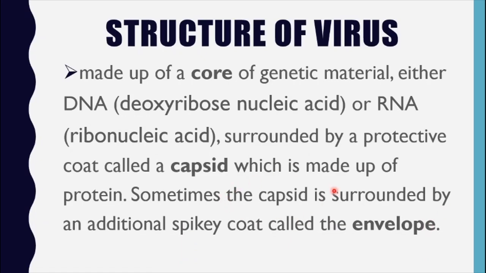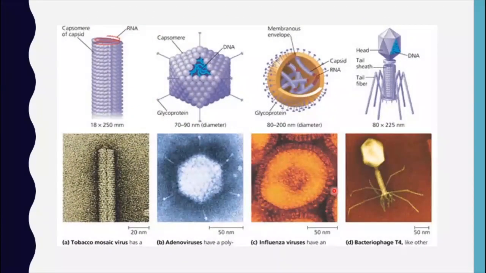So for you to know the appearance of this structure, let's have these examples of viruses. Viruses come in a variety of sizes and shapes. We have these four examples: tobacco mosaic virus, adenoviruses, influenza viruses, and bacteriophage T4.